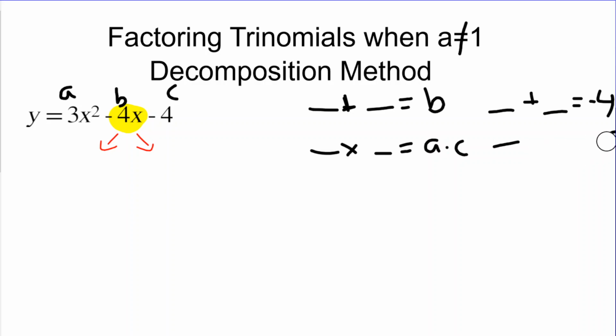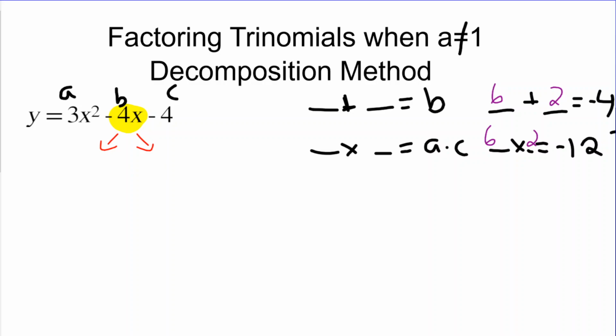So when I'm looking for these values, I'm asking myself, what are some factors of 12? Let me just write this again, -12. And when I think of 12, I'm thinking 6 times 2, I'm thinking 3 times 4, I'm thinking 12 times 1. And the values that are going to work for us this time are 6 and 2.